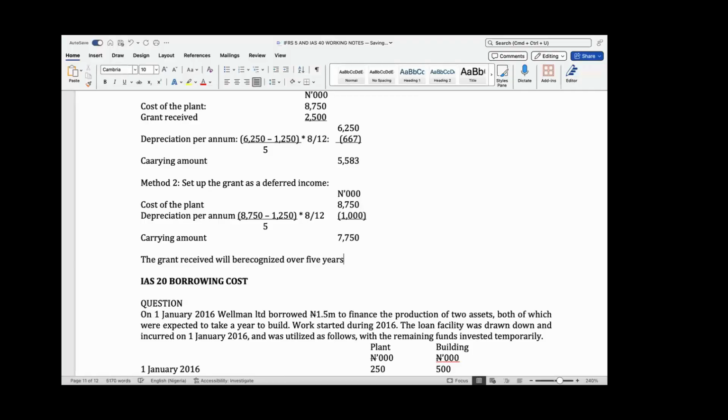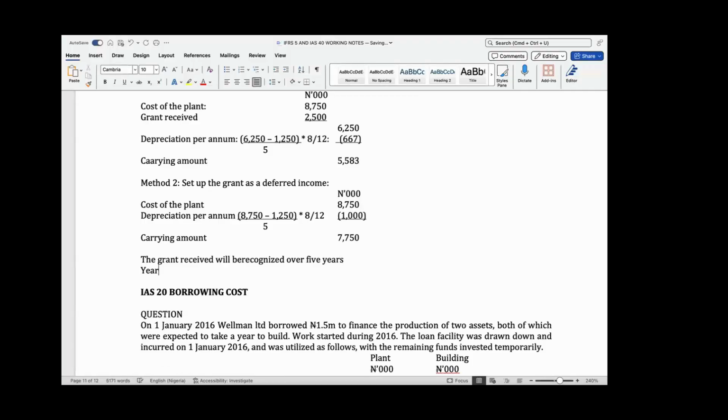Over 5 years. So in year one, the grant income would be 2.5 million.